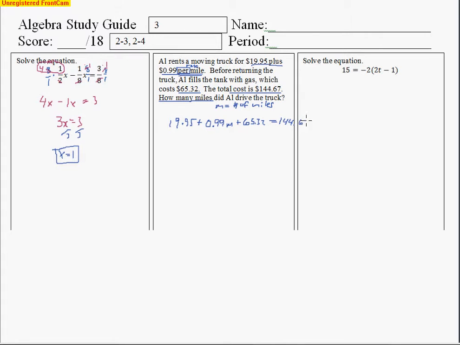And so now we're going to set that equal to that amount and combine some like terms. I'm going to combine these two terms together, and that gives me $85.27. Plus, I still have that 99 cents, or 99 hundredths of a dollar, times the number of miles I drove, equals 144.67. So at this stage, I'm going to do some opposite operations by subtracting that 85.27 from both sides.